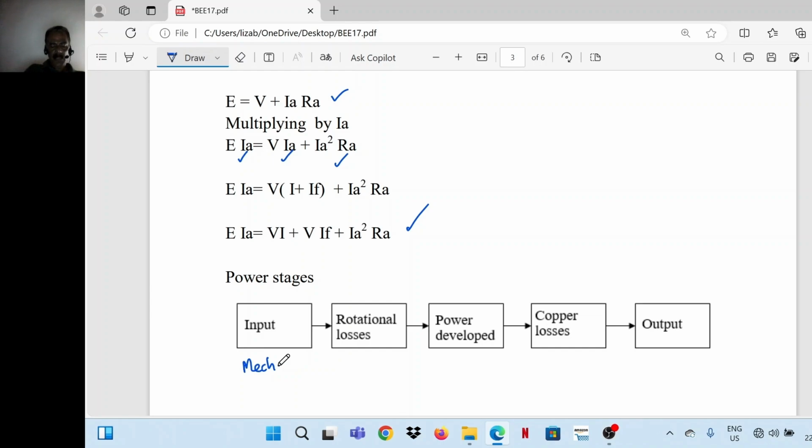So generator input is mechanical. It's converting mechanical energy to electrical energy. So from the input, a portion is lost as core losses and mechanical losses. Core loss and mechanical loss.